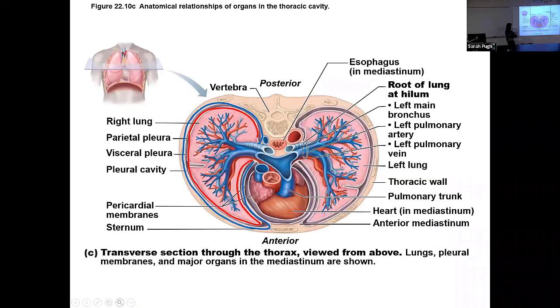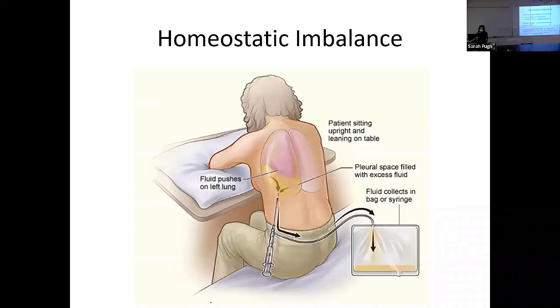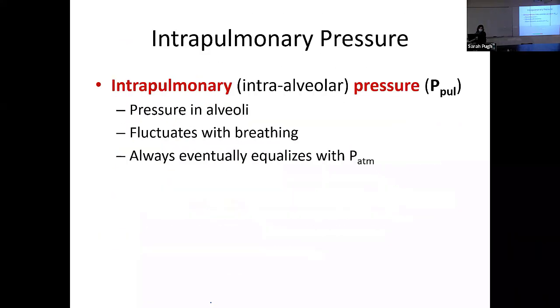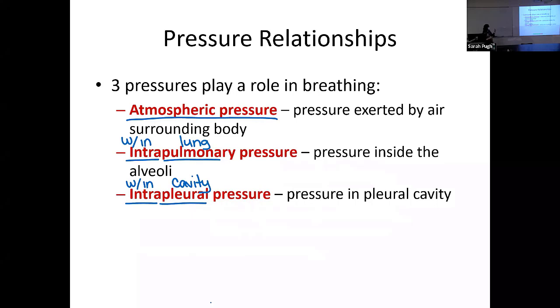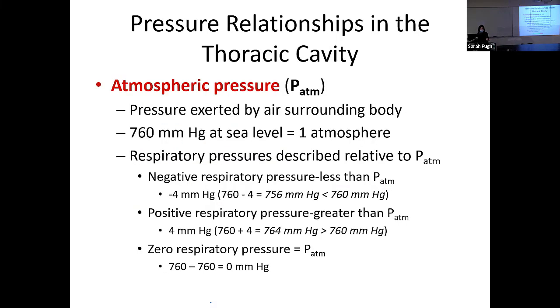It is this space that we find in here between those serous membranes. That's the intrapleural pressure, okay, in that pleural cavity. All right, so let's walk through all of those. We're going to talk about all three of those pressures.